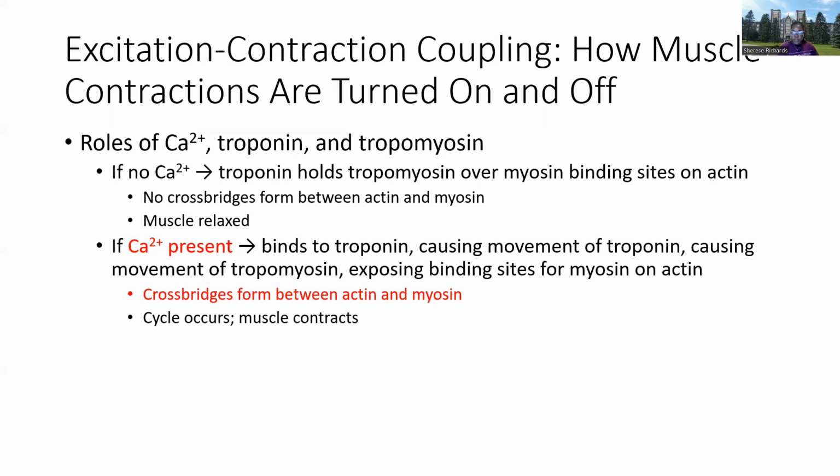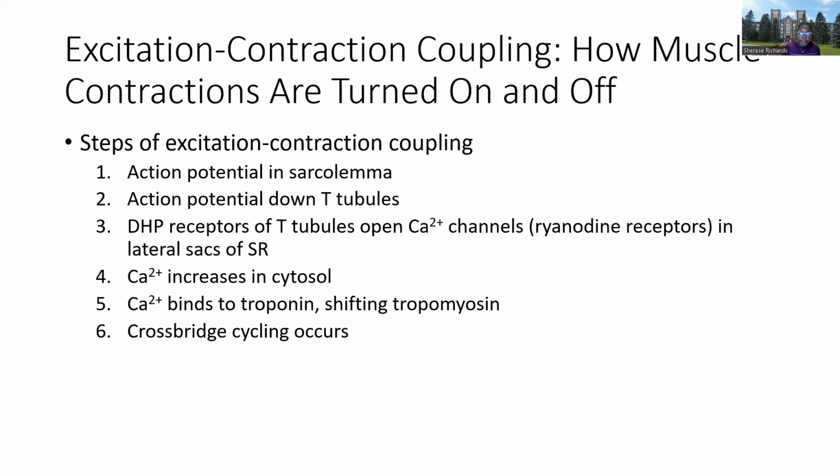And then cross bridges can be formed between actin and myosin, and then cross bridge cycling, including the power stroke, can occur, which is what is shortening the sarcomere. So the big picture here is that calcium is required to turn contractions on, and the absence of calcium is what turns contractions off. So let's look at the steps of excitation contraction coupling.